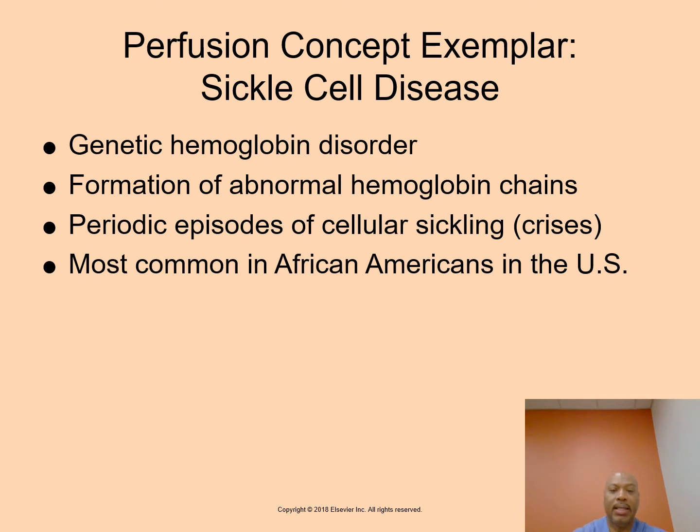So SCD patients have periodic episodes of extensive cellular sickling, and this is referred to as a crisis. The onset is sudden and can occur weekly or maybe once per year. Many times, these sickle cell patients are in good health until a condition that results in local or systemic hypoxemia.